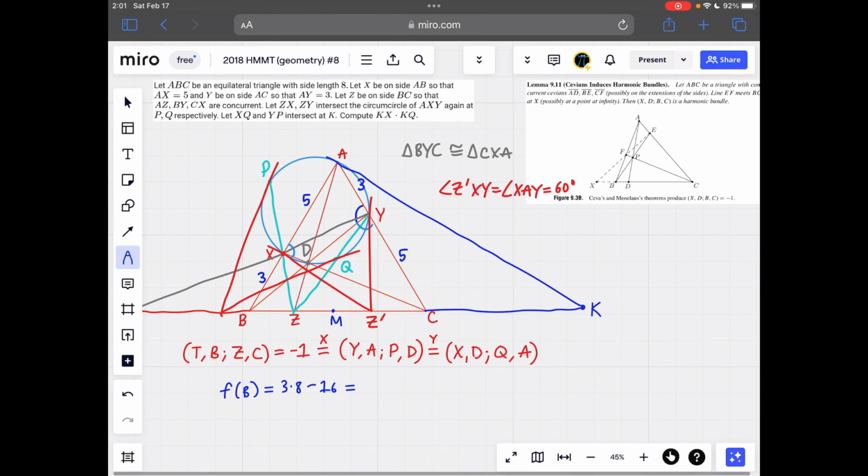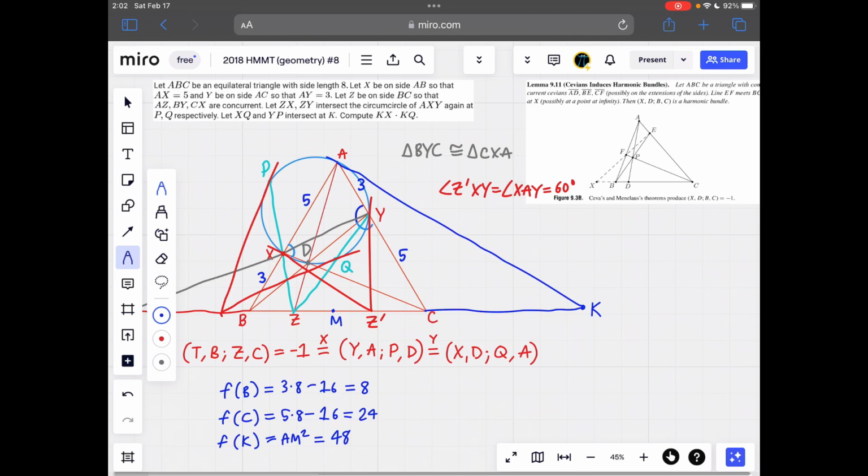So it's 24 minus 16, that's just 8. f of C is equal to 5 times 8 minus 16, which is 40 minus 16, and that's 24. And finally, f of K, well, that's just KA squared minus KM squared. Using a right triangle, that's just AM squared. And this is an equilateral triangle with side length 8, so AM is just 4 root 3, and 4 root 3 squared is 48.